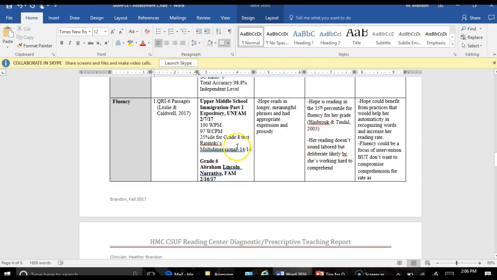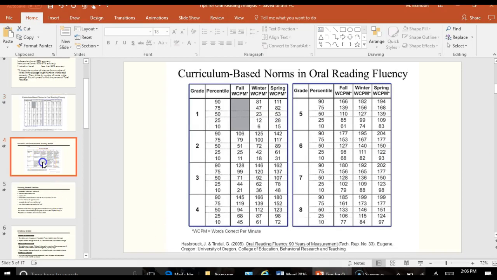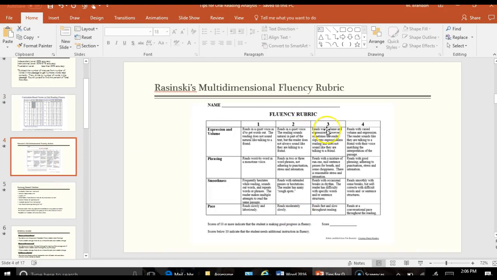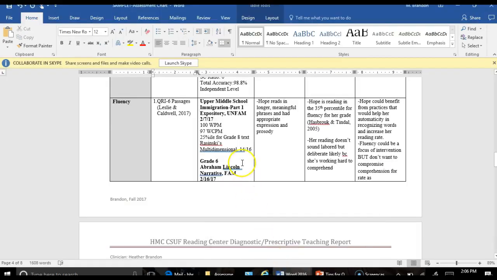Then I also checked Rosinski's multi-dimensional fluency scale, where you just give them a score. She got a 3 and a 4, and then a 3 and a 4 for that. So I just have that reported as a 14 out of 16, and you're looking for a 10 or higher. If I wanted to, I could break this down by each of the components of the fluency scale.